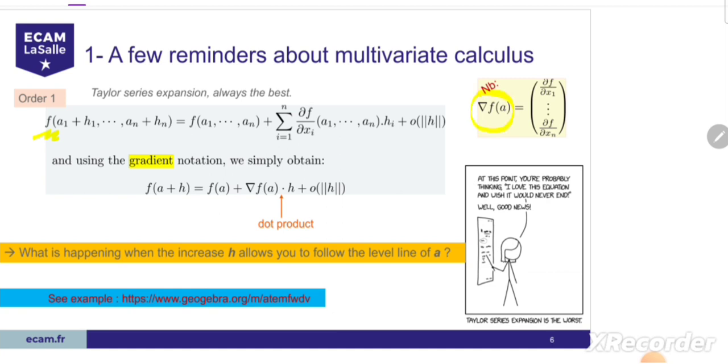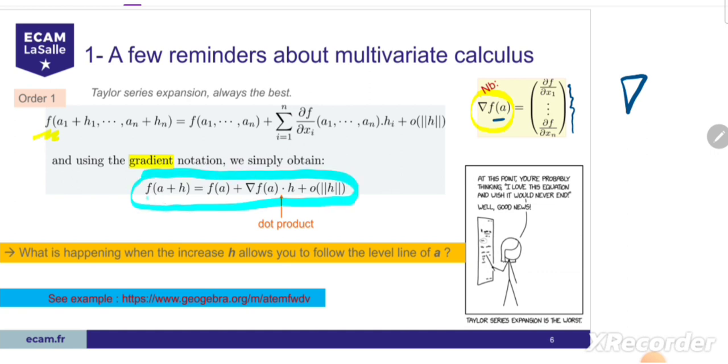So with this gradient shape called nabla, the gradient of f at some point A is just going to be the column vector that contains all the partial derivatives of your function at point A. And so using this notation, we have a much more concise way of writing our Taylor expansion. It's going to be the value of f at a plus h, the same thing but written as a plus h instead of a1 plus h1 and so on.